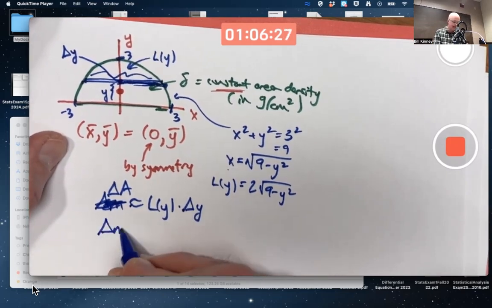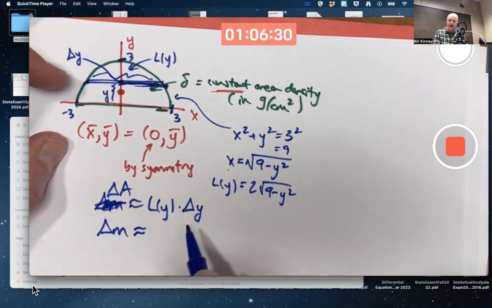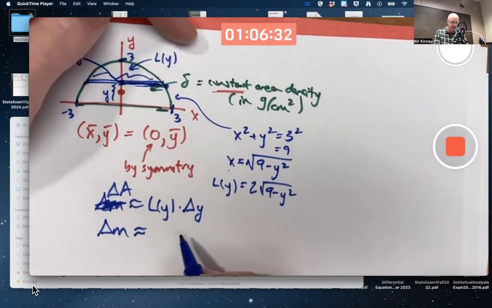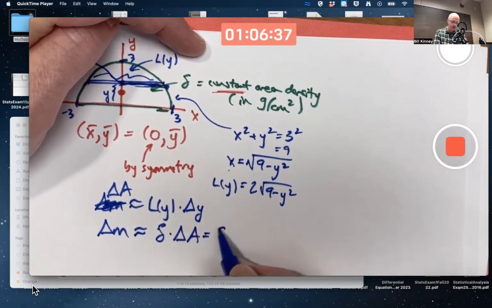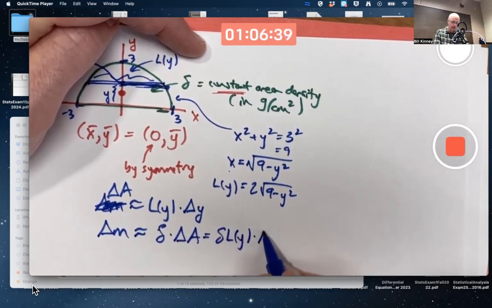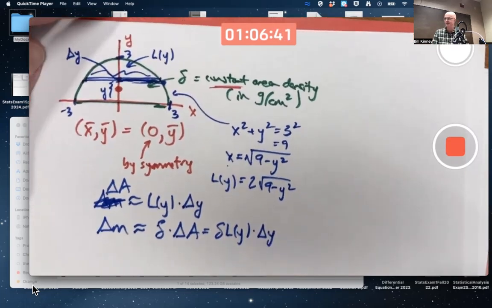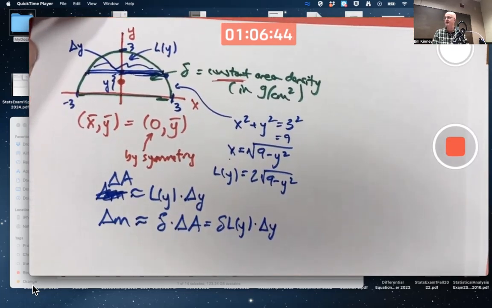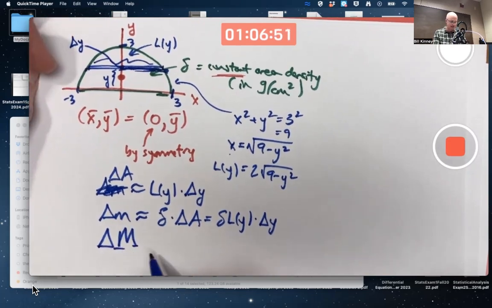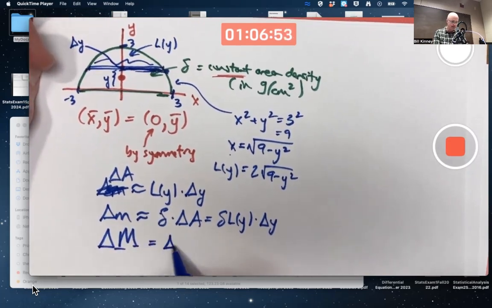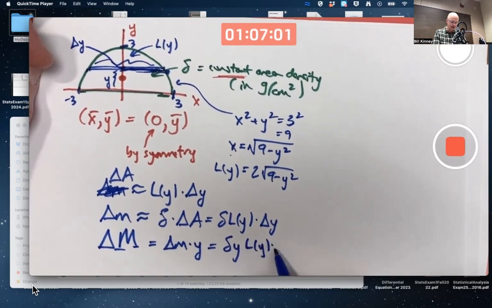The approximate mass of that would be that area in square centimeters times the constant density, delta times delta A. Keep in mind here again, though, that delta is a constant, a number, like 5 or something. What about the moment, the small moment of that thin slice? It would be delta M times y. Put all this together, it would be delta times y times L of y times delta y.